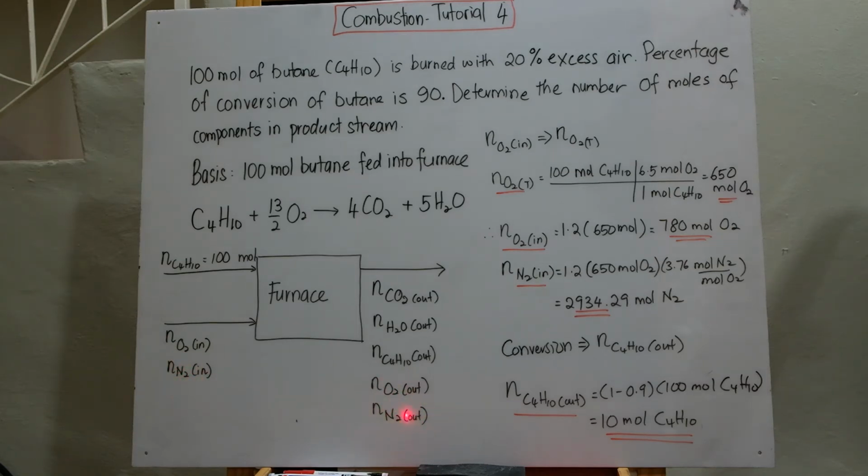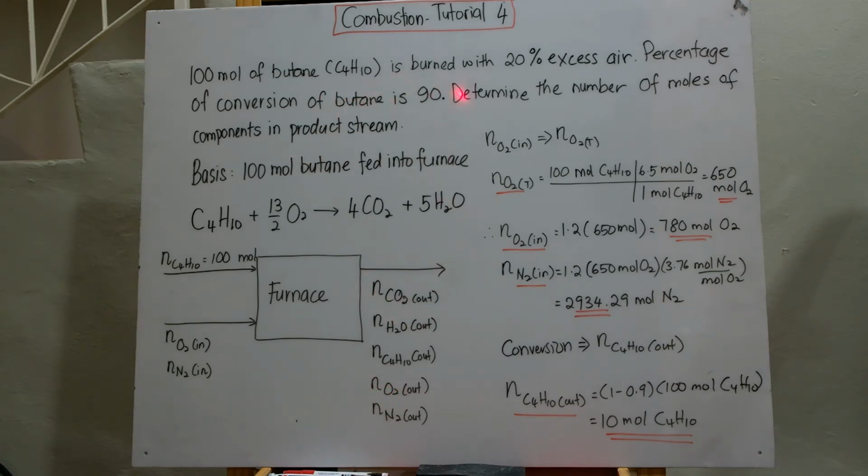It says the percentage of conversion of butane is 90. When you have only 90% conversion, you expect to have the balance of unreacted butane here. And the other two compounds in the product gas would be carbon dioxide and water. So we have 5 components in our product line.